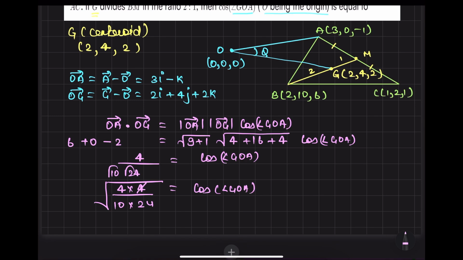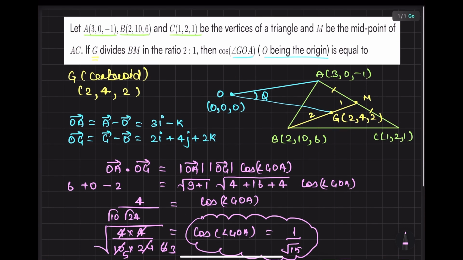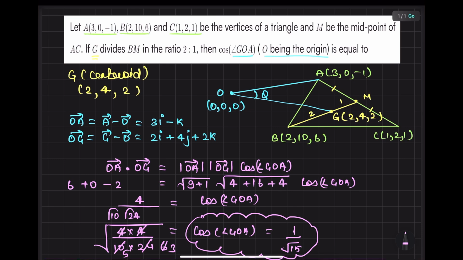Now, it is 6, it is 3 and 5. So can I say that it is 1 by root 15? So cos of angle GOA is 1 by root 15. I hope the idea is clear and you guys can handle similar situations. So see you guys in the next session of Mathflix.